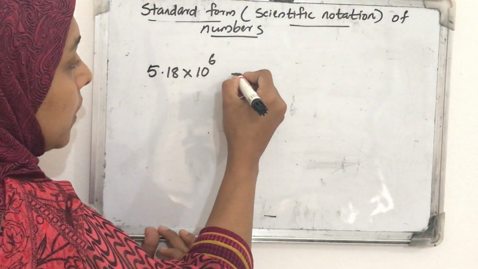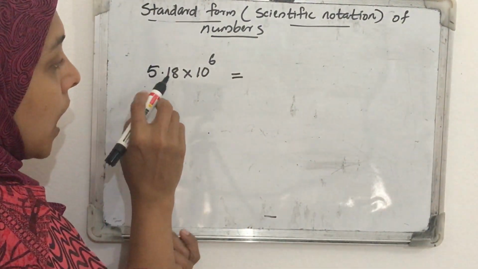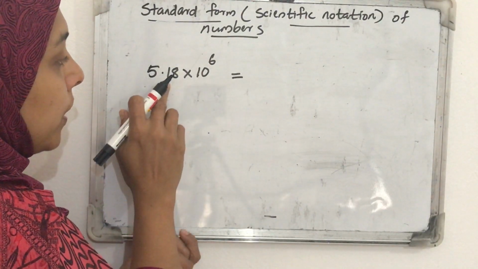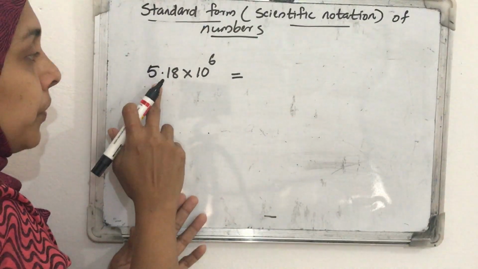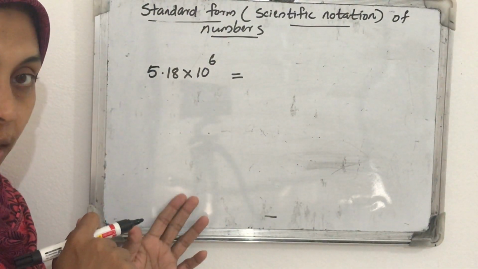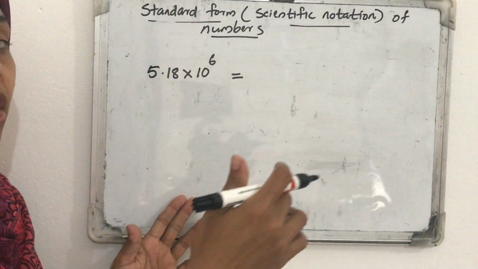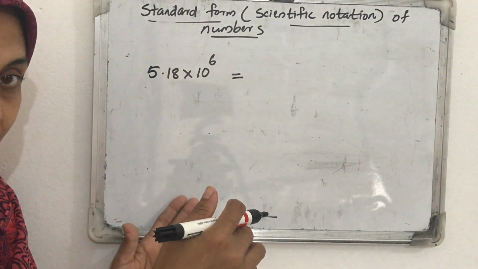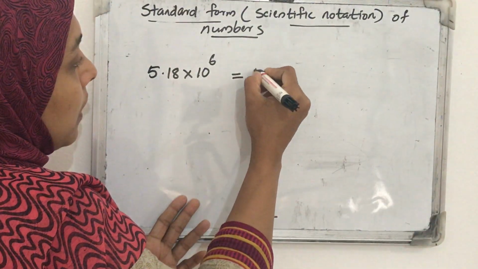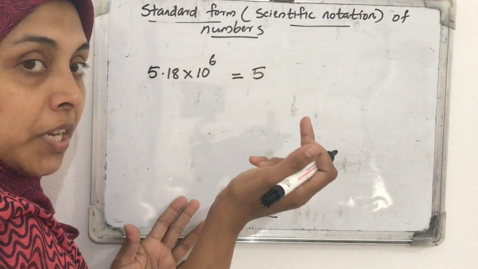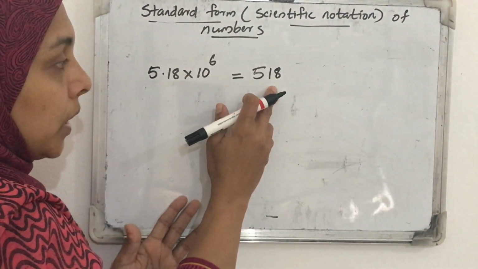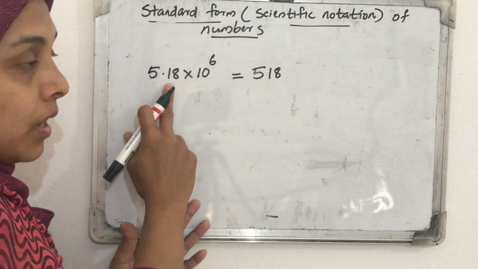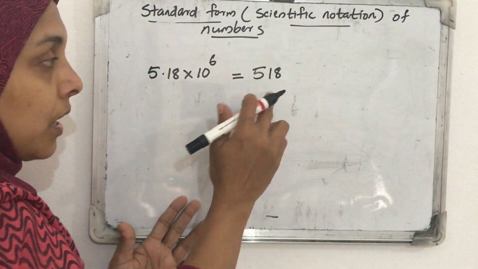So here, after the decimal point, how many decimal places do we want to move? Here 10 raised to 6 is there. So 6 places we want to move to the right side. We already moved 2 places, because 2 digits are already here. Then how many zeros are needed?